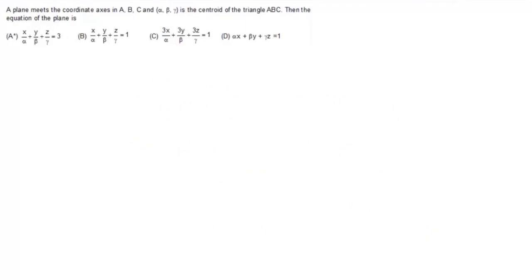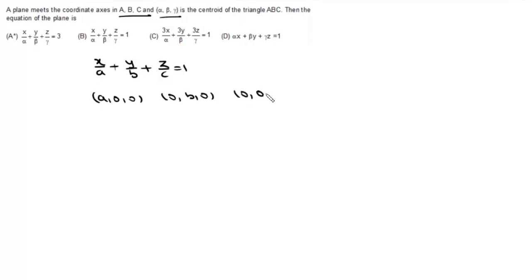Now it says a plane meets the coordinate axes in A, B and C, and (alpha, beta, gamma) is the centroid of triangle ABC. Now let the equation of the plane be x/A + y/B + z/C = 1. Now the intercepts will be (A, 0, 0), (0, B, 0) and (0, 0, C).